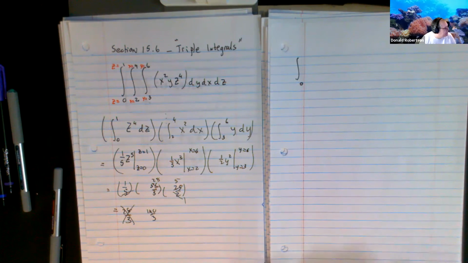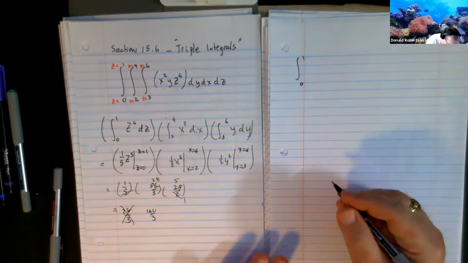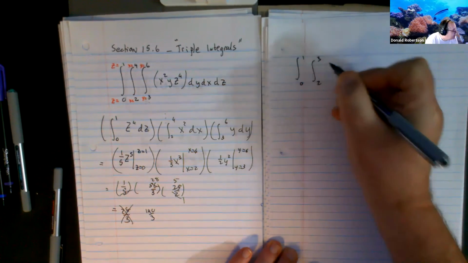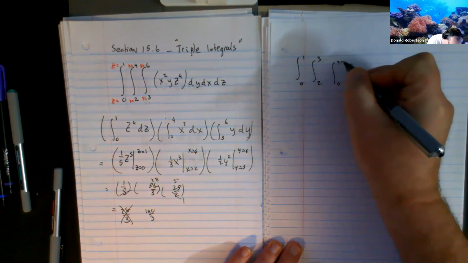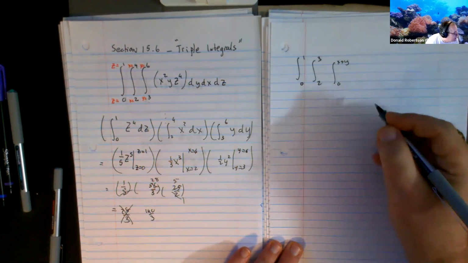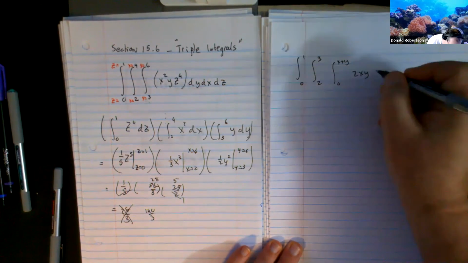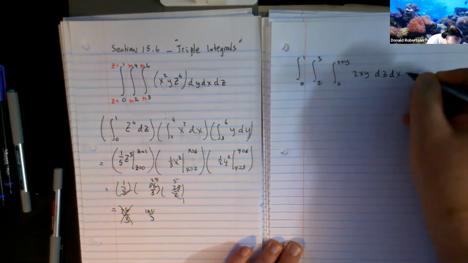So let's see if this one, here's that guy there, right? I'll make one up. 2e3. Let's have this one from 0 to x plus y. And it's going to be 2xy. It's going to be a dz, a dx, and a dy.